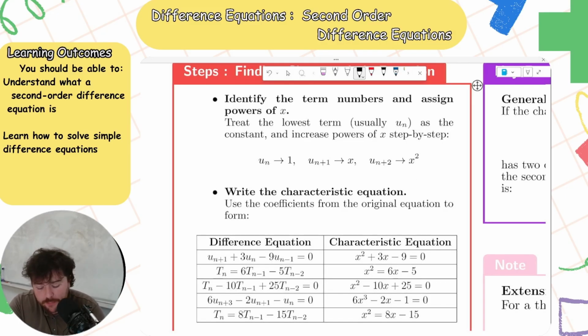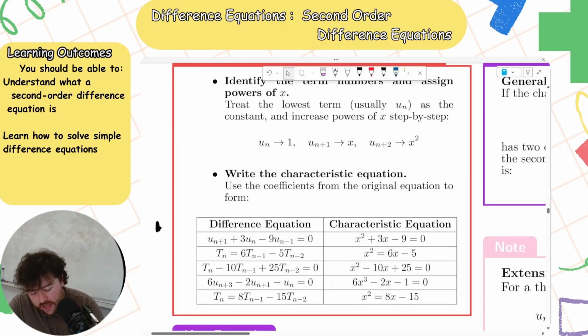So for an example, if I see Un, I make that 1. If I see Un plus 1, I make that x. If I see Un plus 2, I make that x squared, right? So I keep increasing the powers of x. And then we write the characteristic equation, using the coefficients from the original equation to form it.